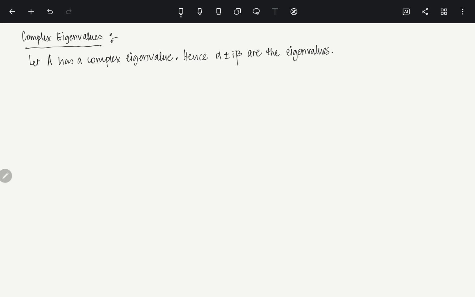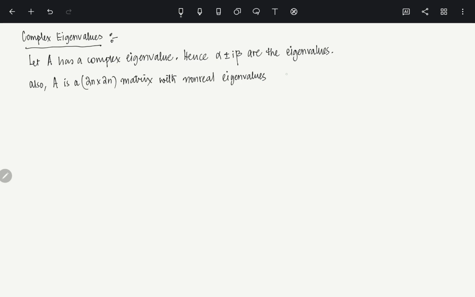In this case, we are assuming that A is a 2n cross 2n matrix with distinct non-real, so basically complex, eigenvalues.